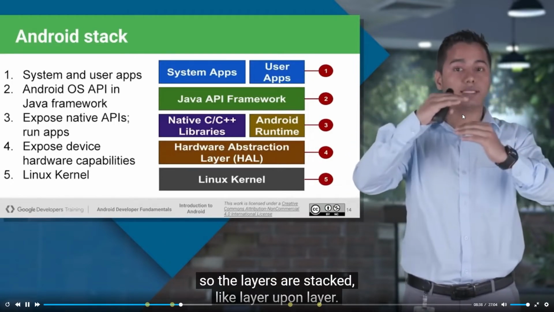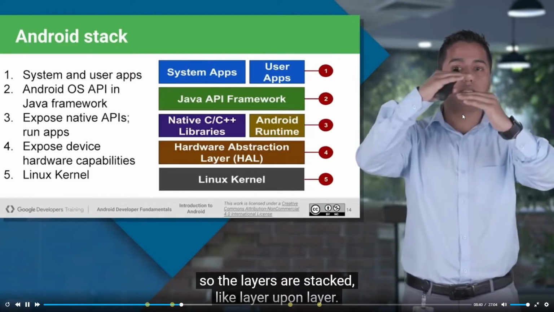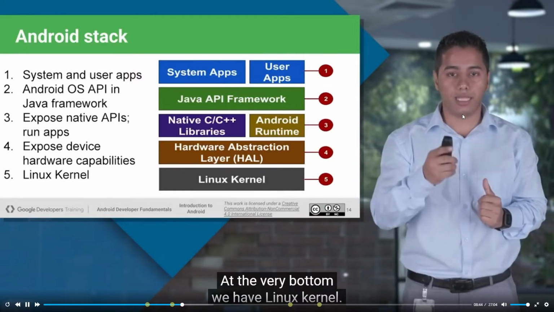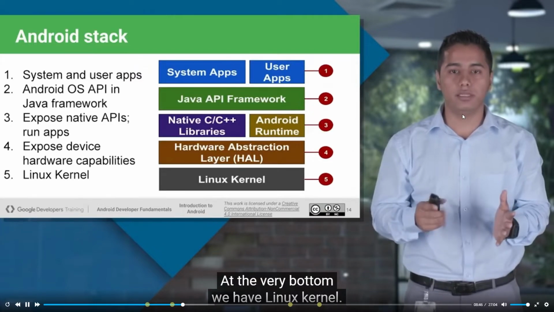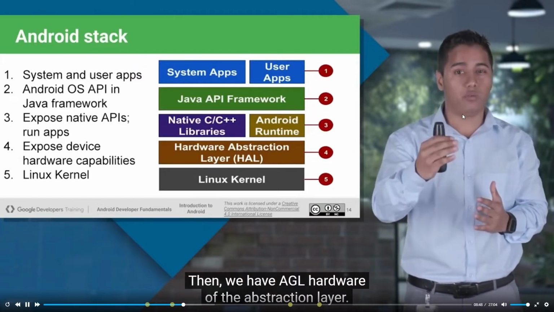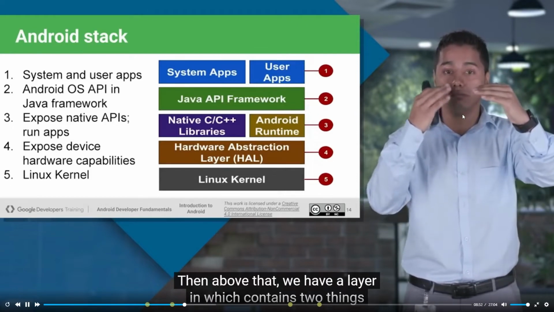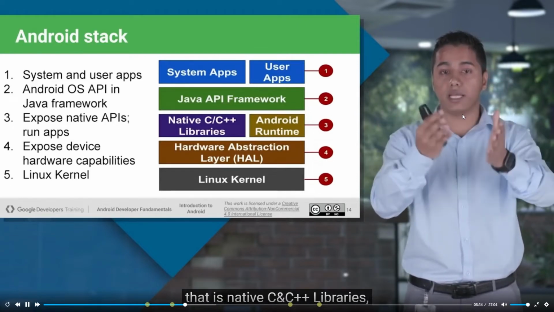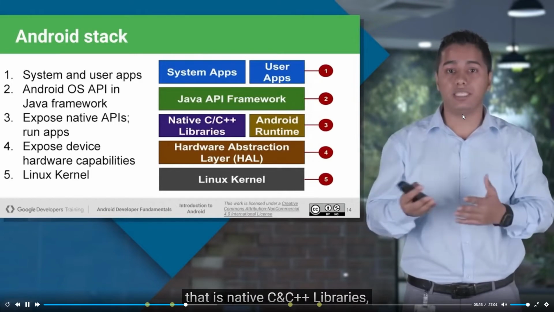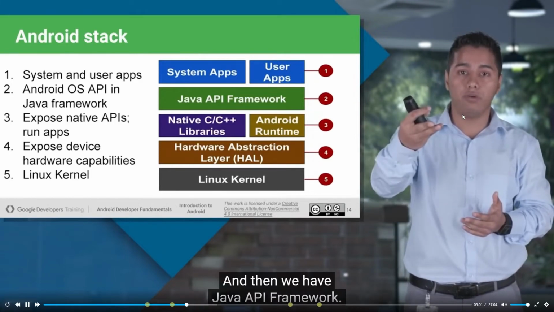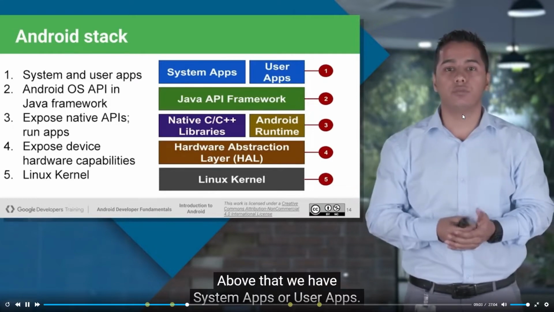So the layers are stacked one upon another. At the very bottom we have the Linux kernel, then we have the HAL, hardware abstraction layer, then above that we have a layer which contains two things, the native C and C++ libraries and Android runtime, and then we have the Java API framework, and above that we have system apps or user apps.